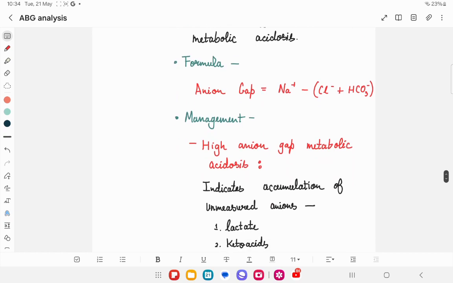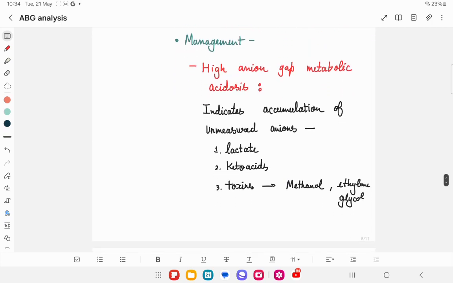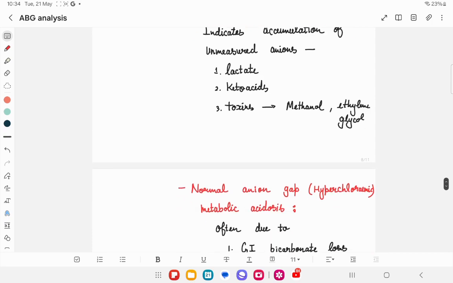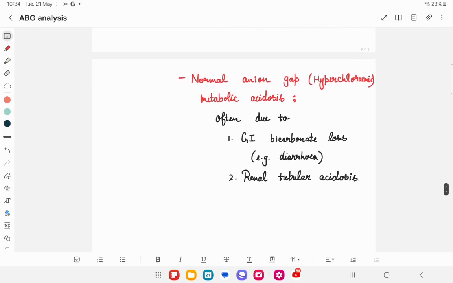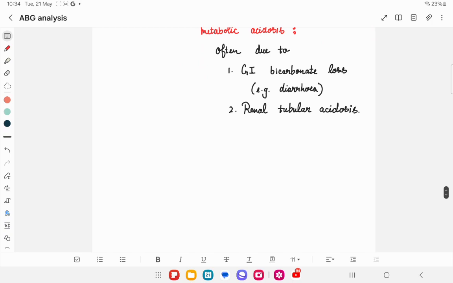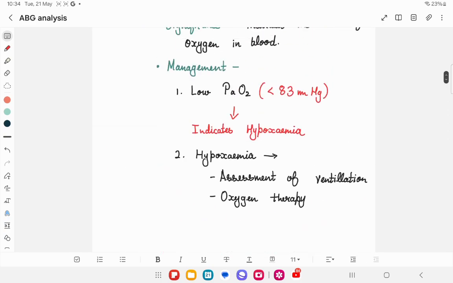Formula is sodium minus chloride plus bicarbonate, and then high anion gap metabolic acidosis indicates accumulation of unmeasured anions, lactate, ketoacidosis and toxins. And normal anion gap hyperchloremic metabolic acidosis is often due to GI bicarbonate loss, example diarrhea, or renal tubular acidosis. So this finishes our ABG analysis and its components.